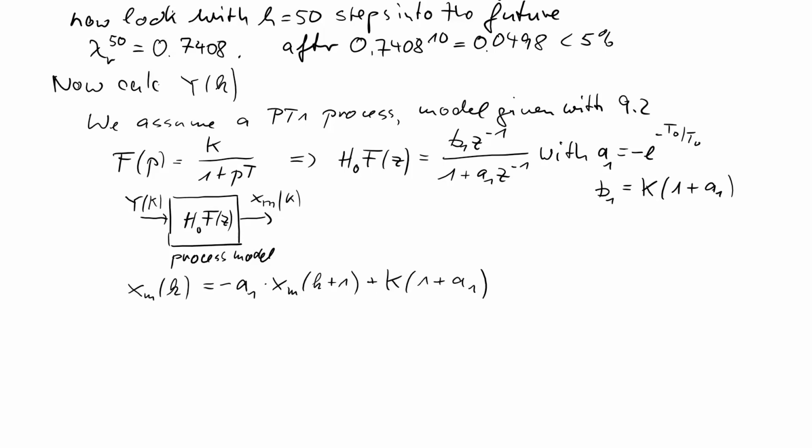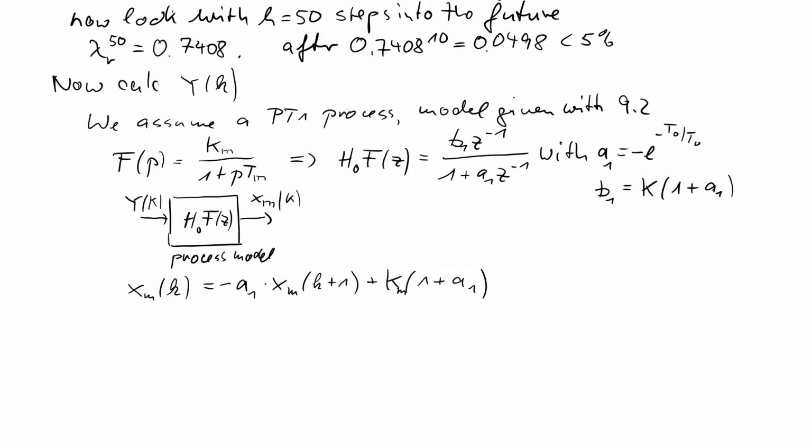Okay. In my paper I use indexes. Maybe I should do this here also in my paper. The process model has a gain km and the time constant tm, so I should be consistent in this way.